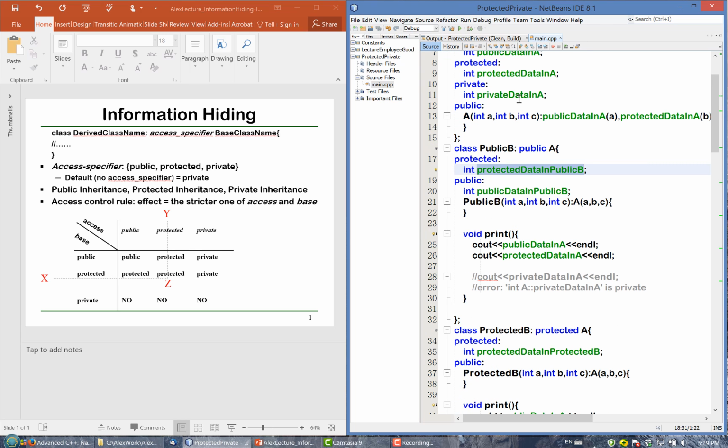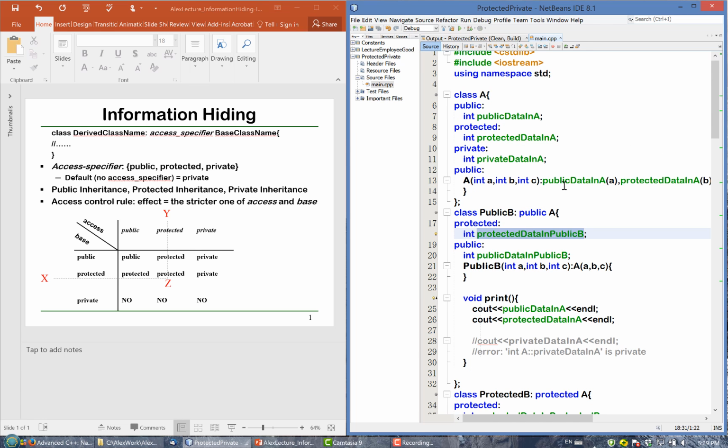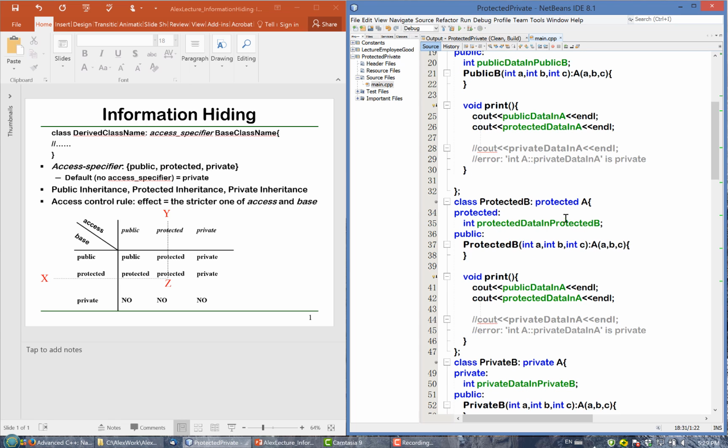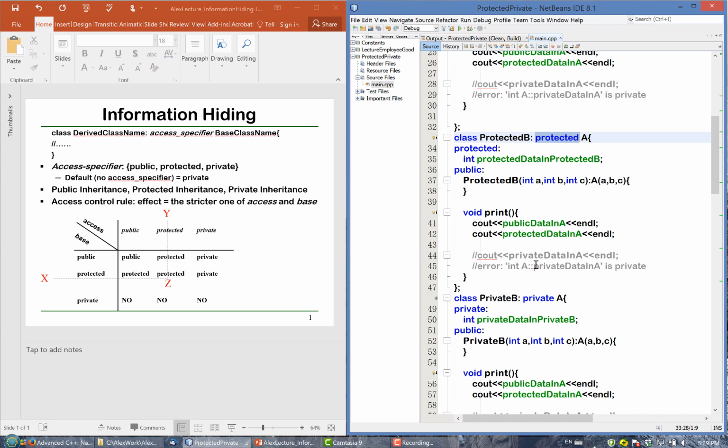And for private data and functions in the base class, for protected inheritance, they are not accessible by the direct class.